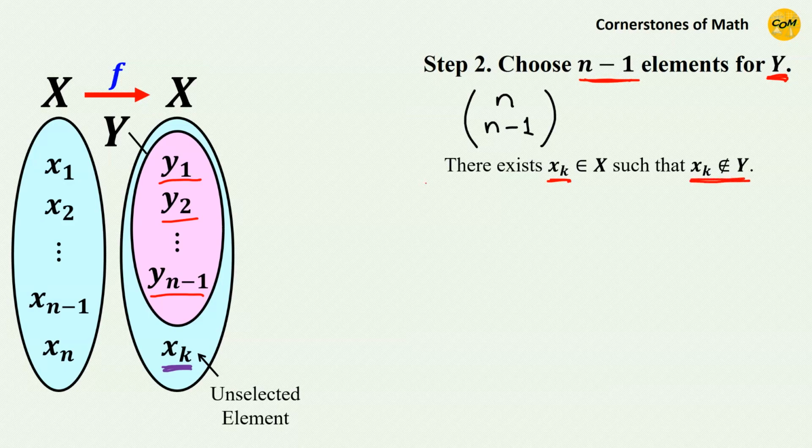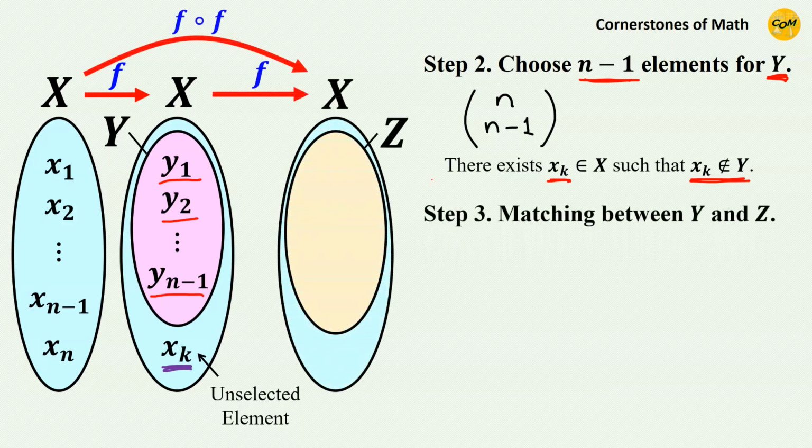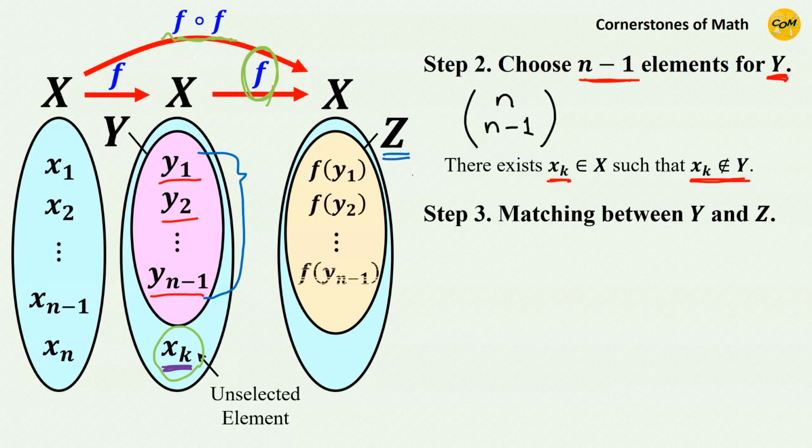Now, before we think about the correspondence between x and y, let us first think about the correspondence between y and z. When performing f∘f, since this xk cannot be the value of the function, the second step f is performed only on these n minus 1 elements of y. This means that z, the range of f∘f, is actually f of y1, f of y2, up to f of y(n minus 1).